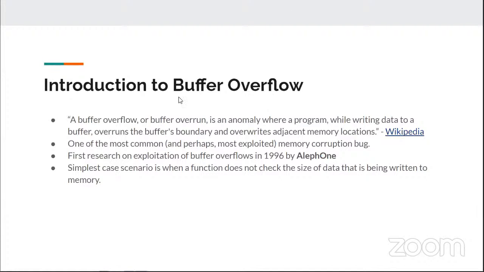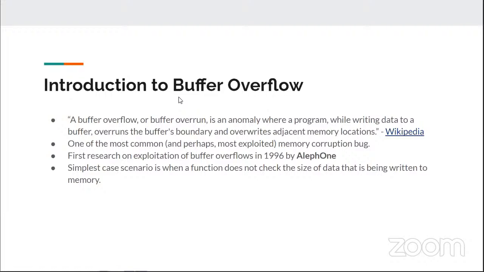Introduction to buffer overflows. A buffer overflow is a bug which occurs when you are able to write data to adjacent memory locations when you are not supposed to do it. For example, a program takes your name as an input, and let's suppose it only has a space of 20 bytes to store your name, but it does not perform proper checks whether the input size is 20 or more.